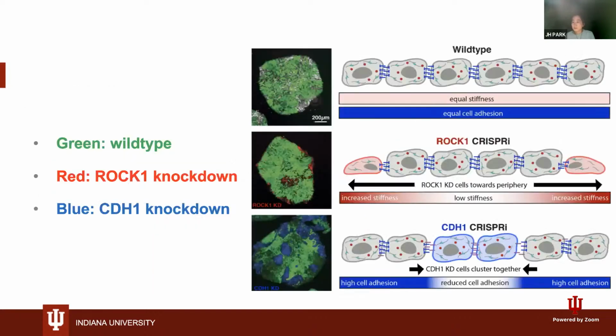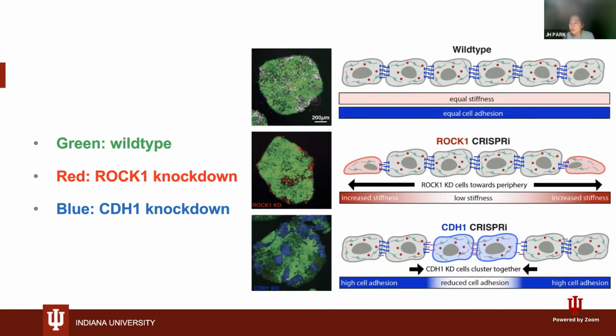So this is wet lab data from Libby 2018, manipulating gene expression of ROCK1 and CDH1 using CRISPR interference technology, so that they can control the corresponding protein amount. The green means wild type cells, red means cells with ROCK1 knockdown, and blue means cells with CDH1 knockdown.